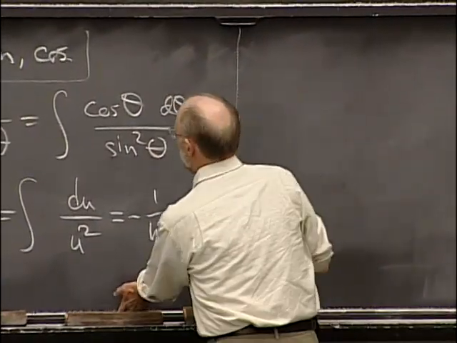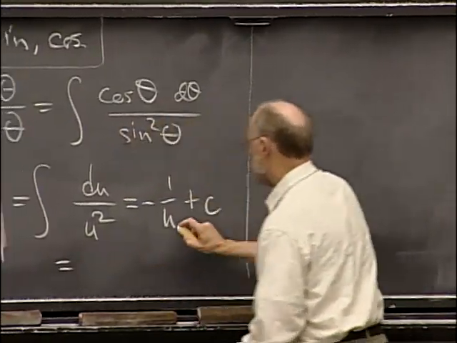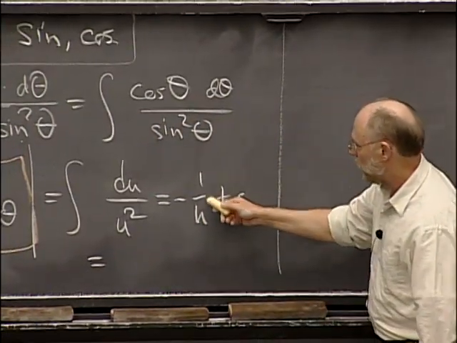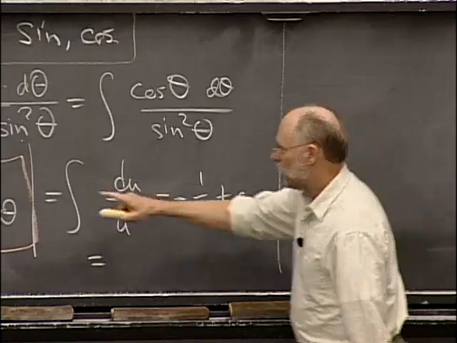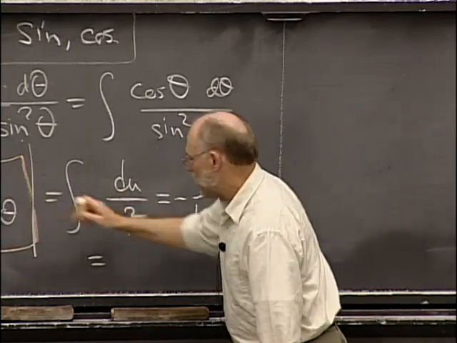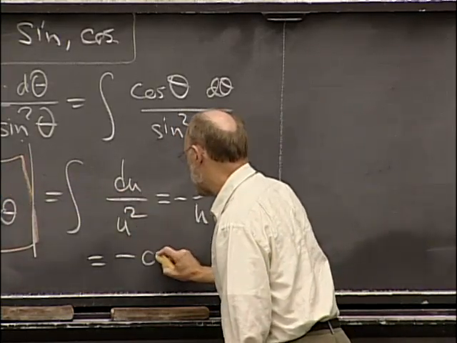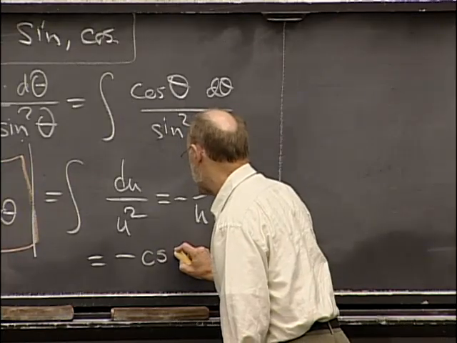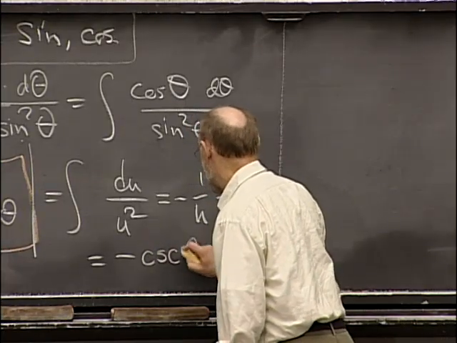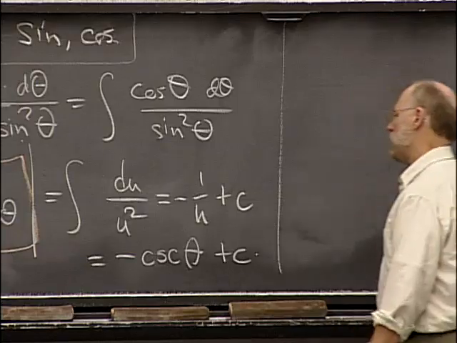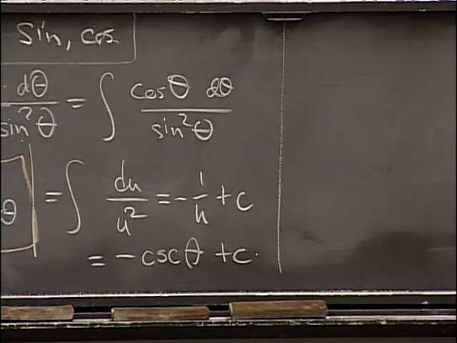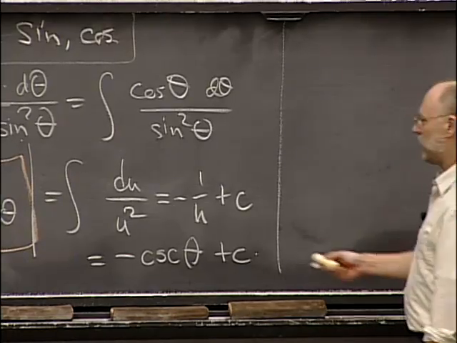So this first substitution isn't so bad to undo, to back substitute, because u was just the sine of theta. And so 1 over u is, a fancy way to write it, the cosecant of theta. Right? 1 over the sine is the cosecant. So I get minus the cosecant of theta plus a constant.